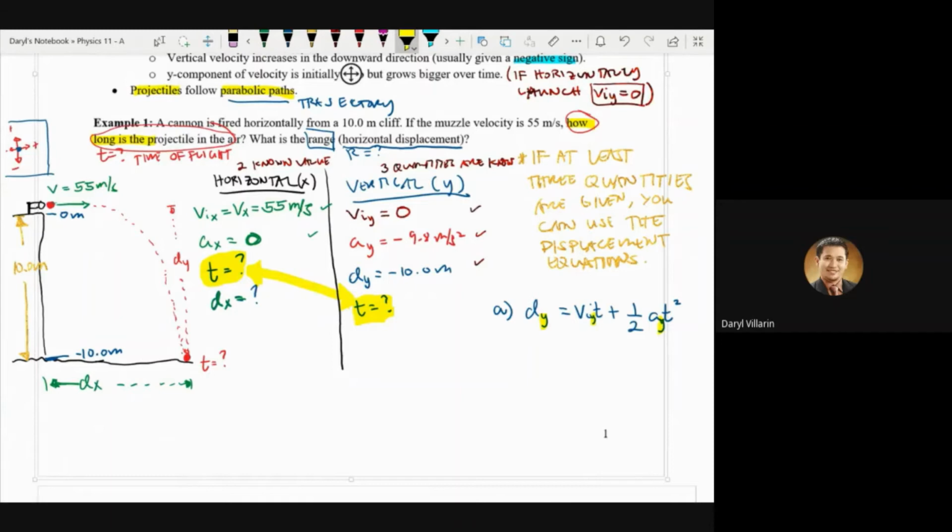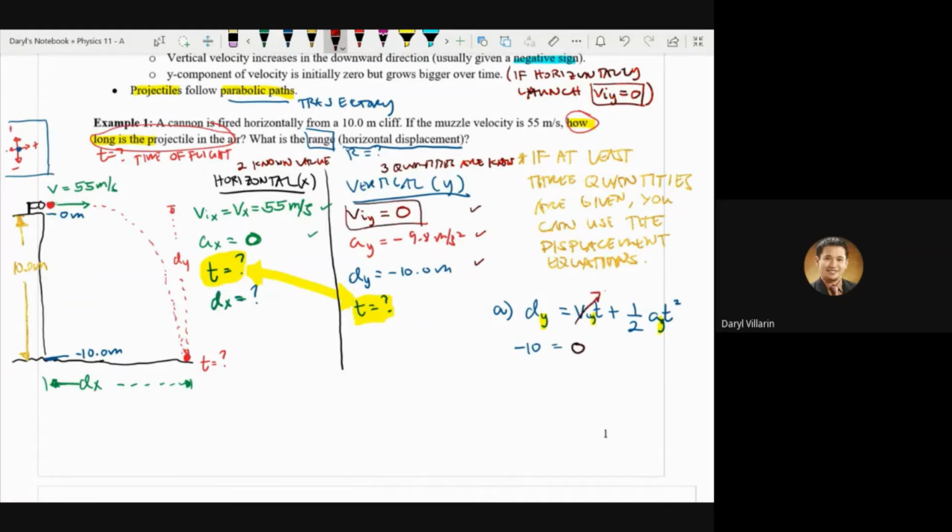So now I'm just going to substitute. dy is negative 10, viy is 0, so this term is 0.